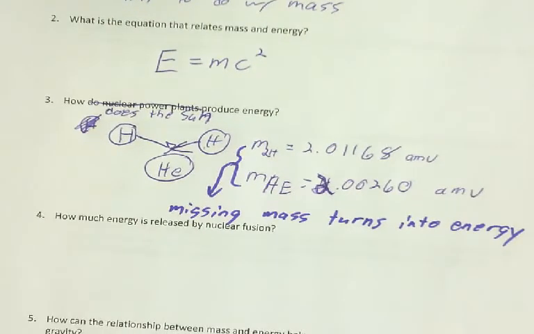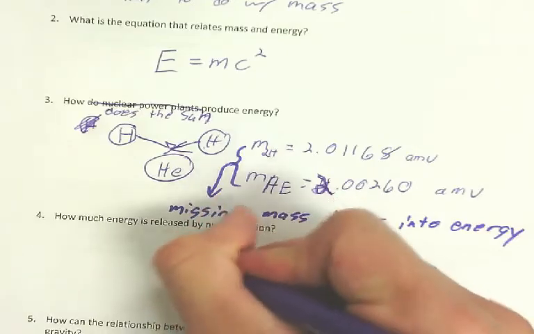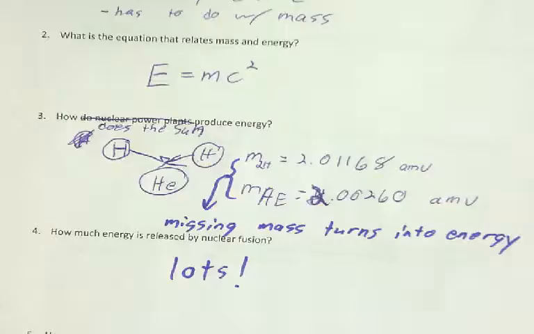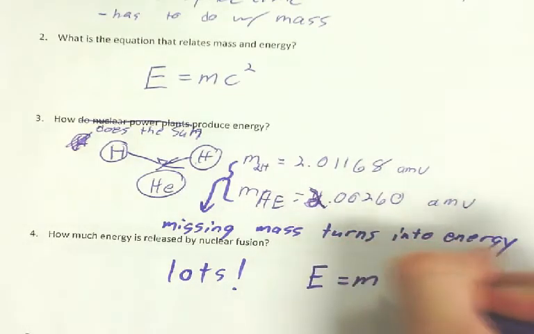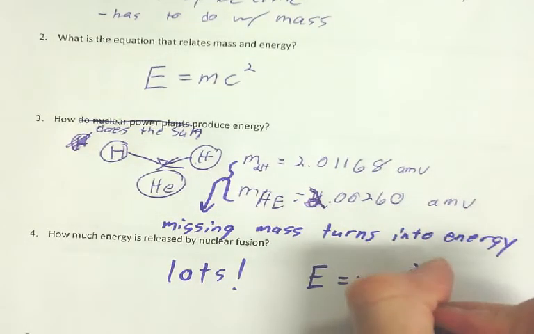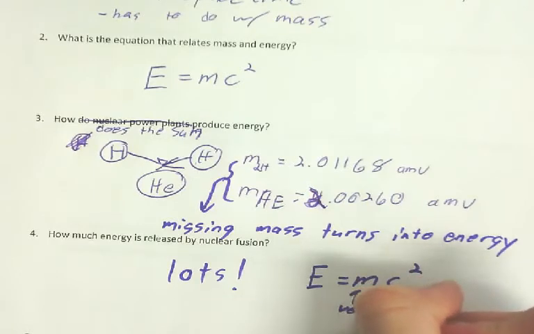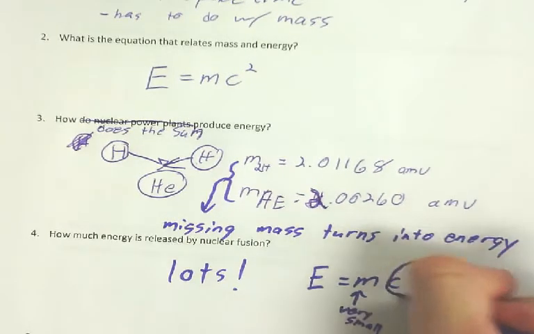So, how much mass is released? The answer is lots. When you talk about the mass change, it's a very, very small mass change. But the equation is E equals mc squared. So even if this number is very small, this number is very large.